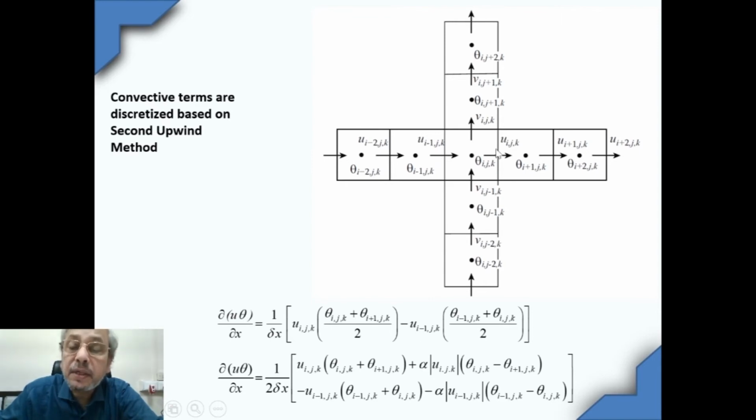Why exactly central difference? We have done that, and then we have introduced the upwinding factor, and together with giving upwind bias, we have introduced the modulus sign, so that the formulation can take care of both positive and negative uijk at this point.